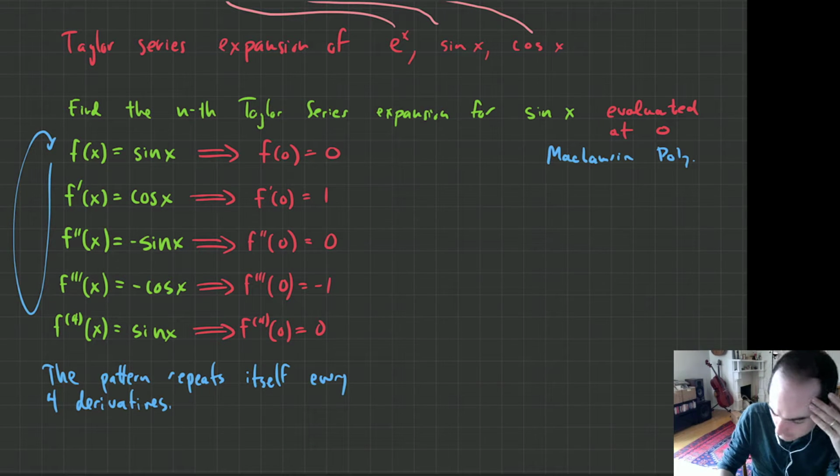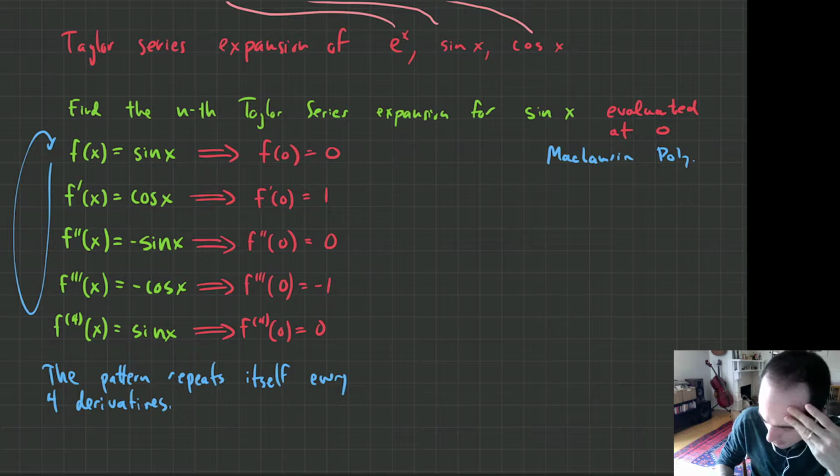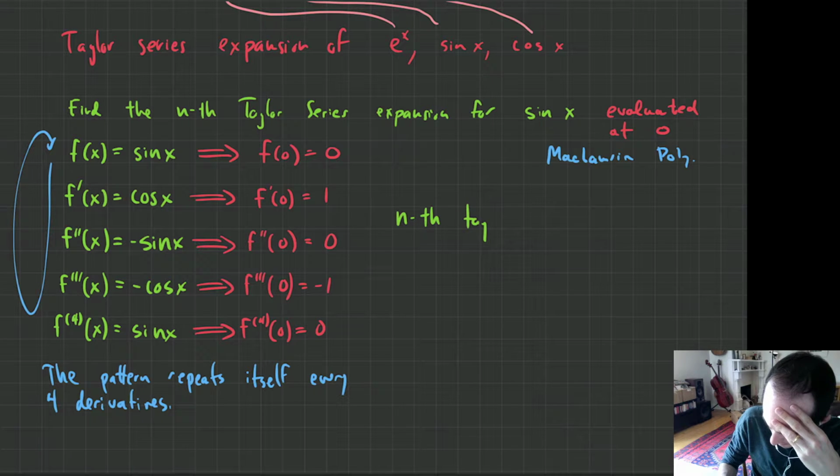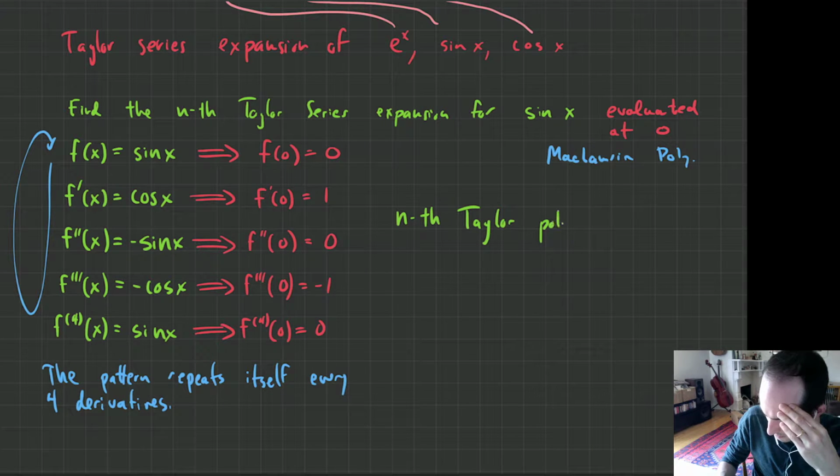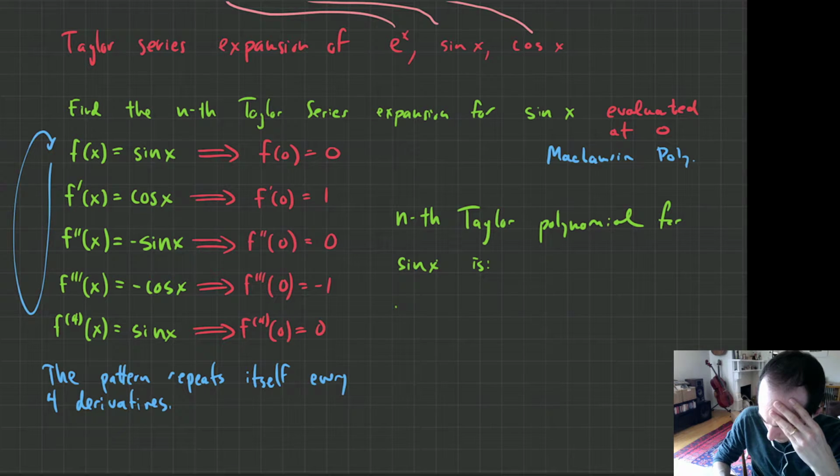Well, let's find the nth Taylor polynomial for sine of x. I keep calling it Taylor with a lowercase t. Well, let's call it p sub n of x.